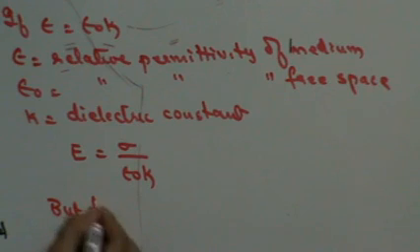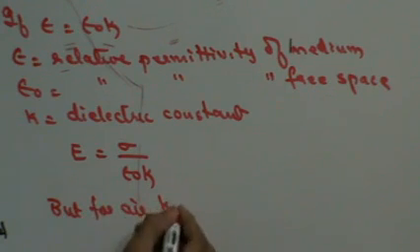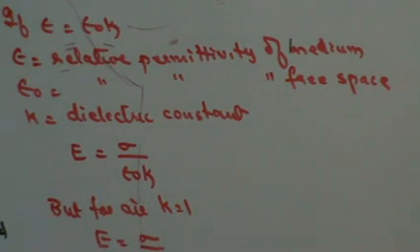But for air, K is equal to 1, so E will be equal to sigma upon epsilon 0. So this is the electric intensity at a point outside the charged conductor.